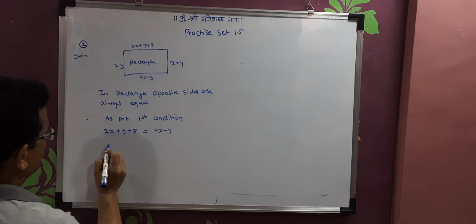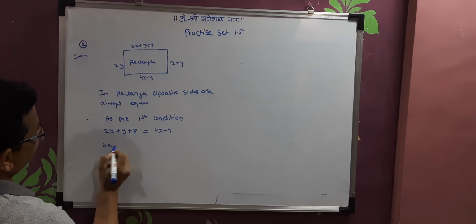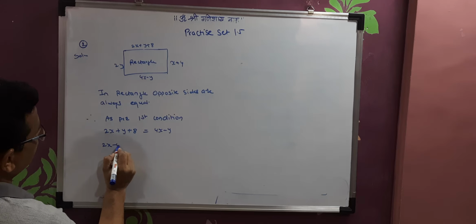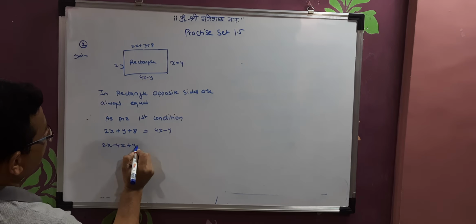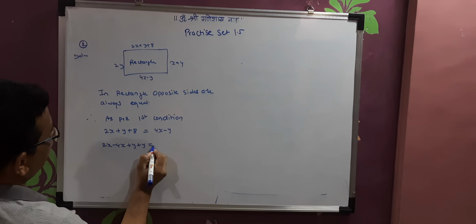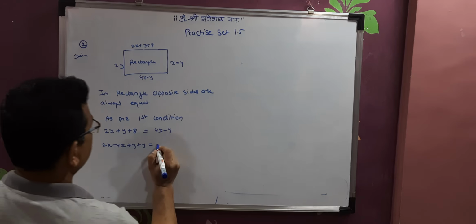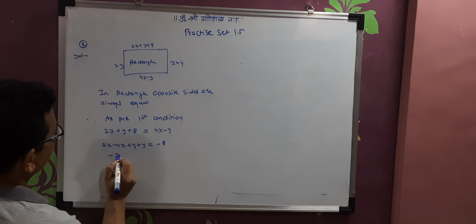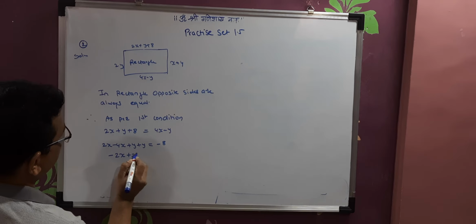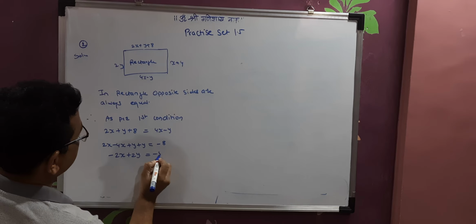So what we will do, we will solve this equation. This is 2x, we will bring this 4x here, this 4x plus y, we will put y here plus y, and we will shift 8 on the right hand side, it will become minus 8. So 2x minus 4x is minus 2x, plus 2y is equal to minus 8.